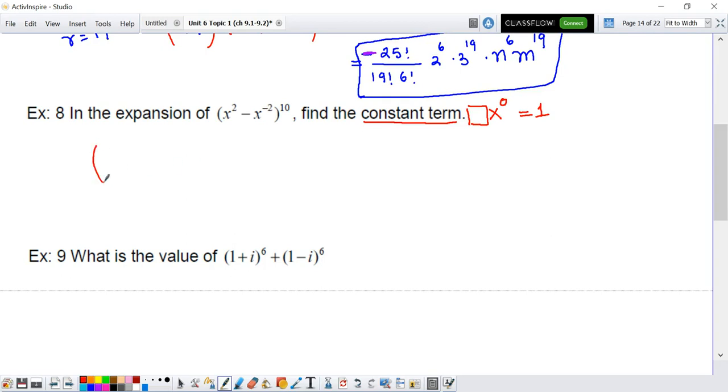So let's set it up first of all. 10, x to the 2, x to the negative 2. Negative, my bad, negative. Okay, so what would give you 0 power? What are these two numbers you add up to give you 10?